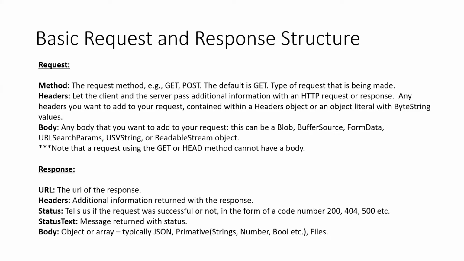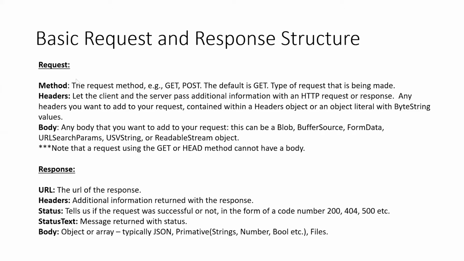So for the request, we have the big ones. This list is shortened because there are a lot of other parts of the structure of a request that are important, but aren't utilized all the time and may not be needed for a beginner's use of it. And actually, I only use these in this demonstration.